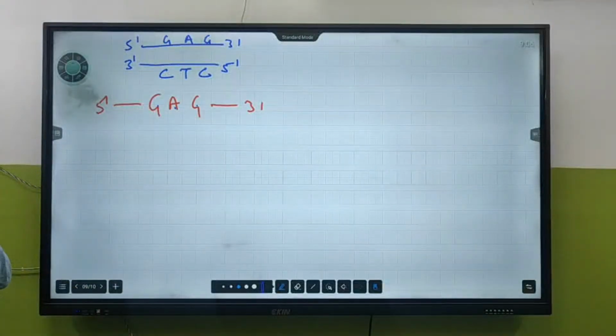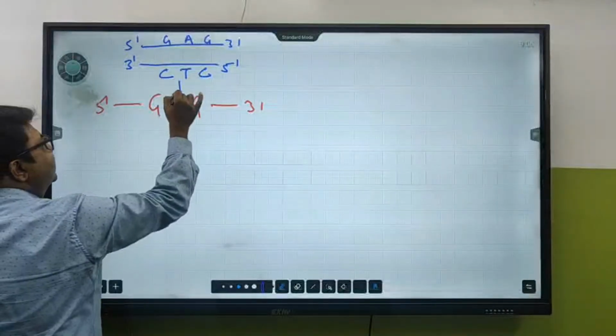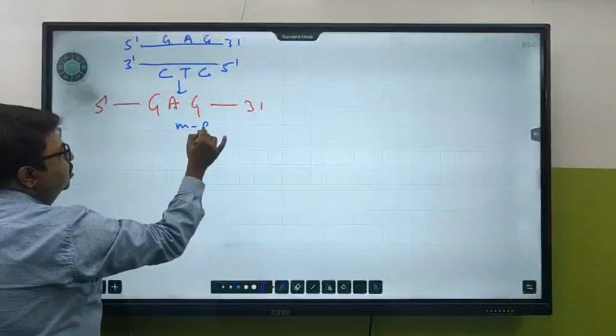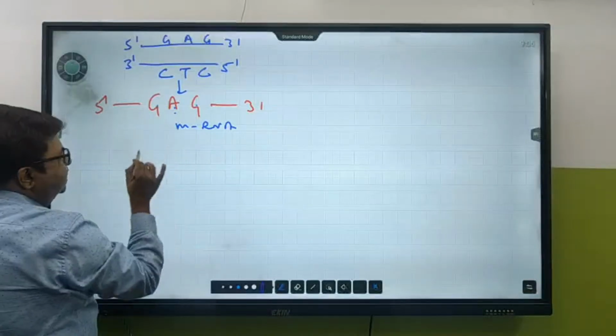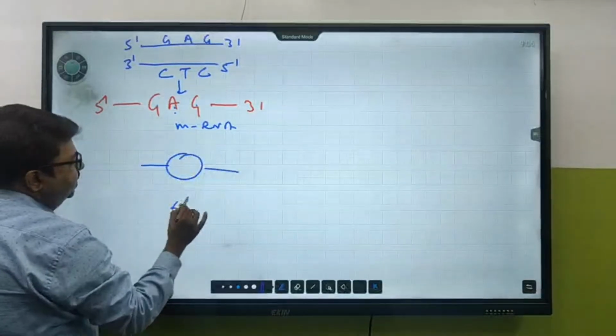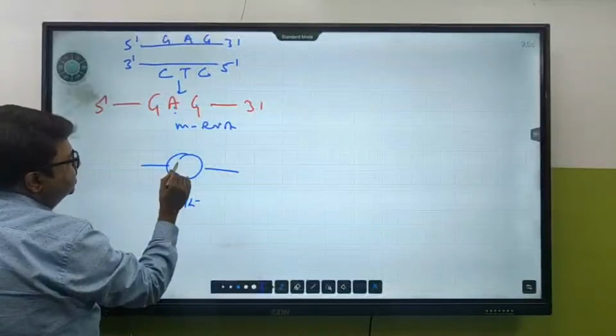सो इन डीएनए से क्या बनेगा? ये mRNA की तोरी हलो mRNA। In the sixth position this GAG is going to represent glutamic acid normally.